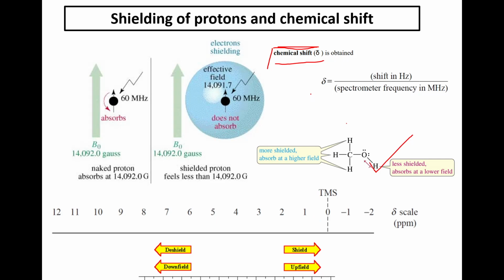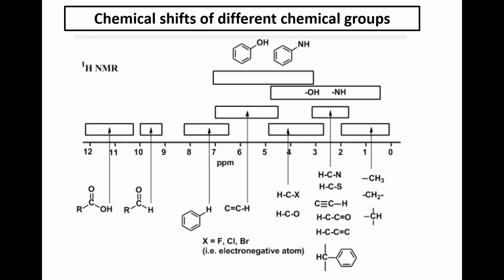And this chemical shift is defined by this delta value, which is the shift in hertz divided by the external magnetic field frequency in megahertz. So you get this delta value, and this delta value is different for different functional groups if you consider proton NMR.